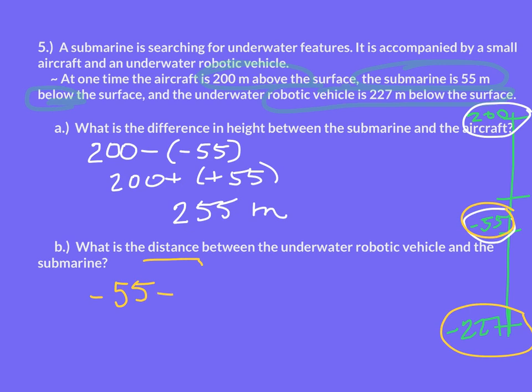I'm going to subtract my lower number, which is negative 227. And then when I do that, okay, let's think about this. I get to stay, change, change, cha-cha-cha.